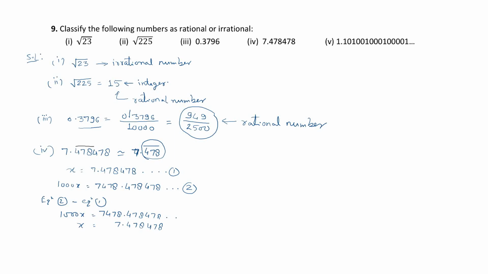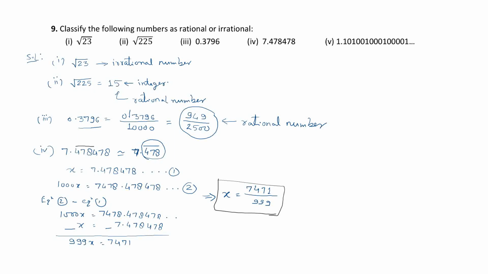After subtracting, we get 1000 minus 1, that is 999 times x, is equal to 7471. In this way, x is equal to 7471 divided by 999.